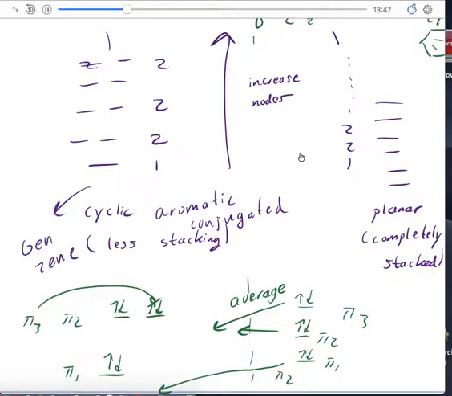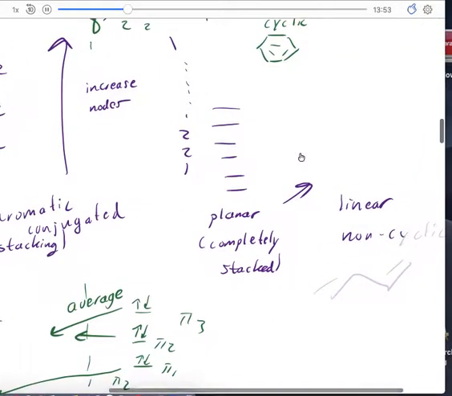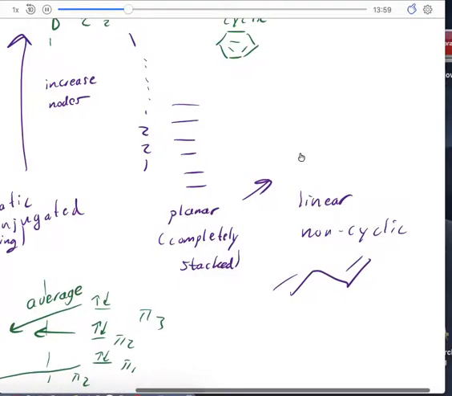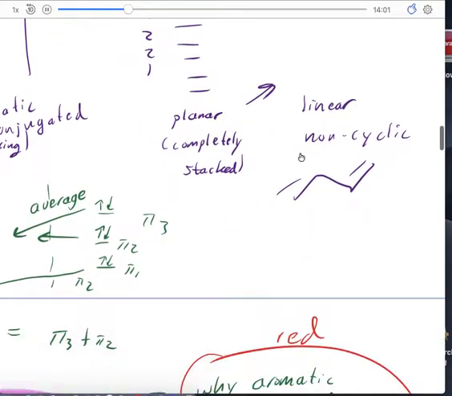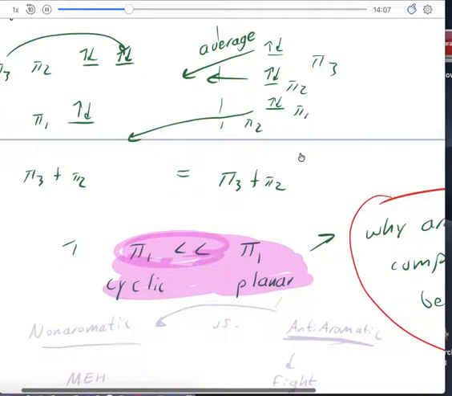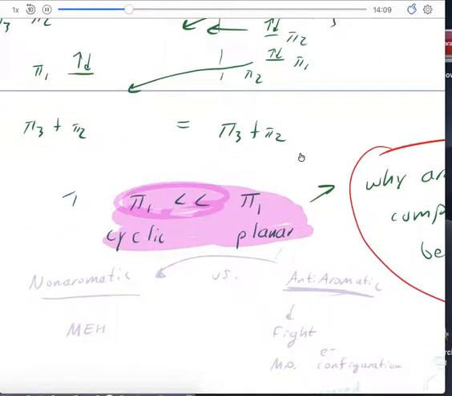And by this we just mean something linear, non-cyclic. Something like a linear straight chain alkene with the bonds alternating. The cyclic aromatic conjugated compound.